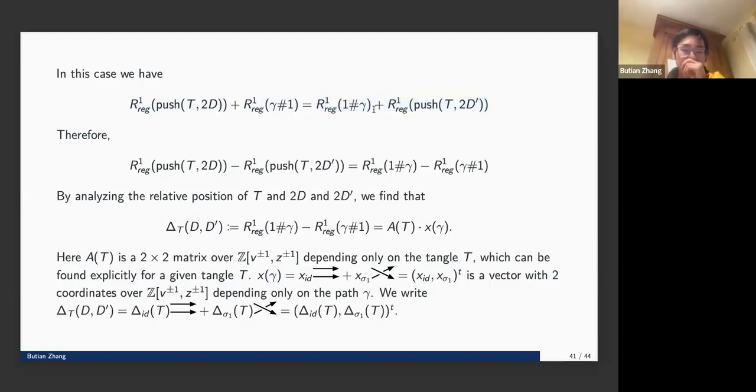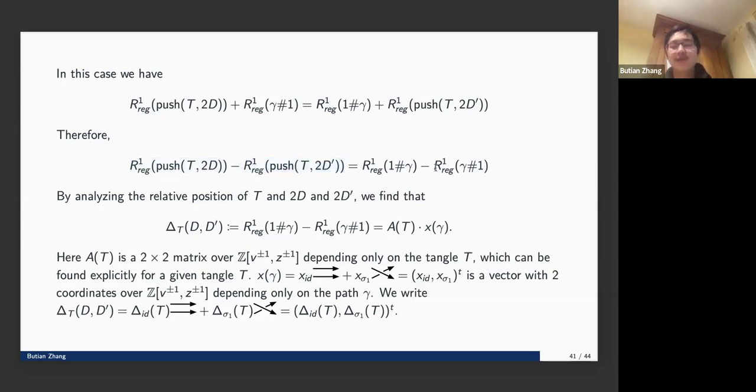So we put these two things on the left and the other two things on the right. For the things on the left, if we are given 2D and 2D prime and the T, these are something we can calculate.